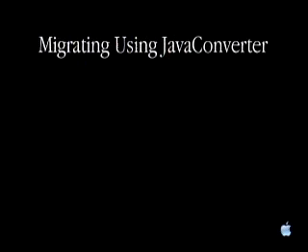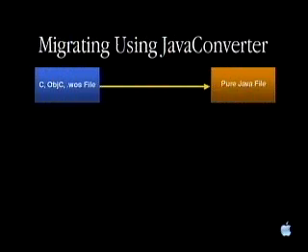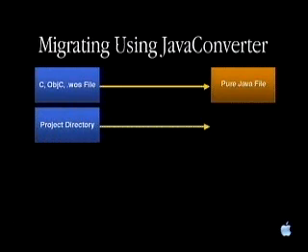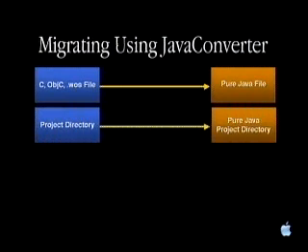If you want to migrate using the Java Converter, there's a few ways you can do it. If you want to convert on a file-by-file basis, you can take an individual C, Objective-C, or WebScript file and convert that to pure Java. Or you can convert an entire project directory at once.